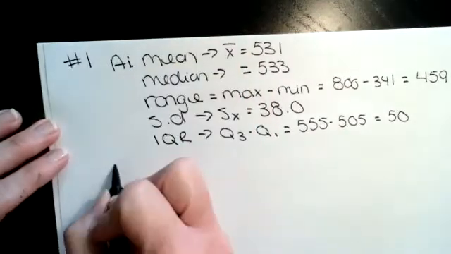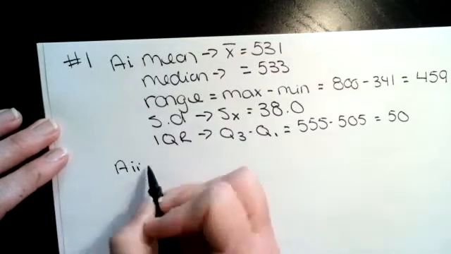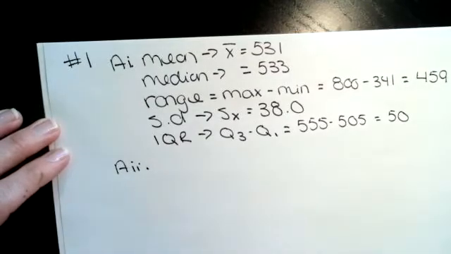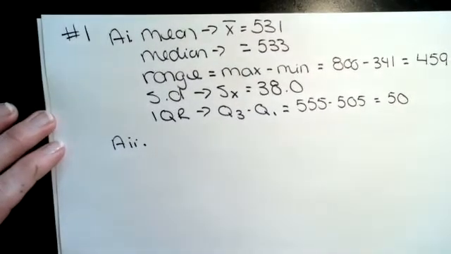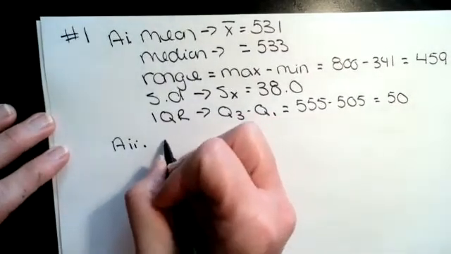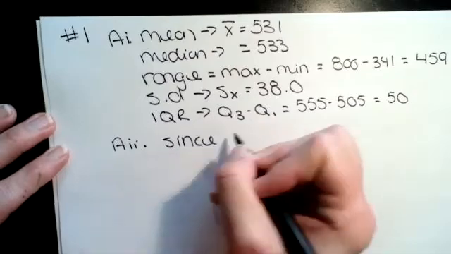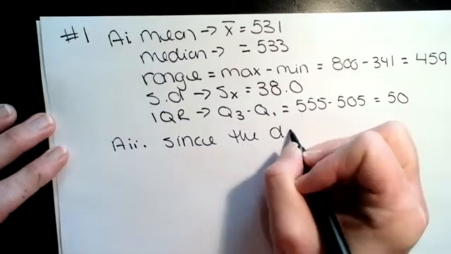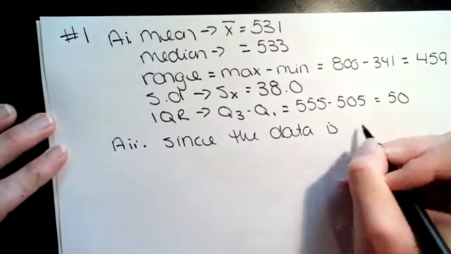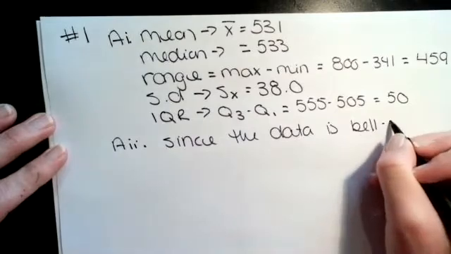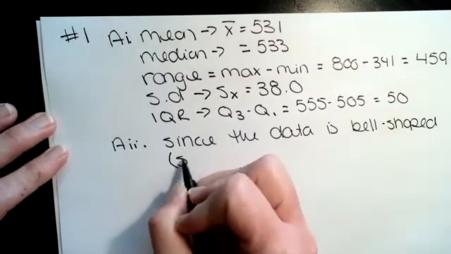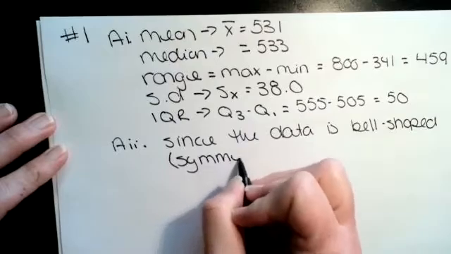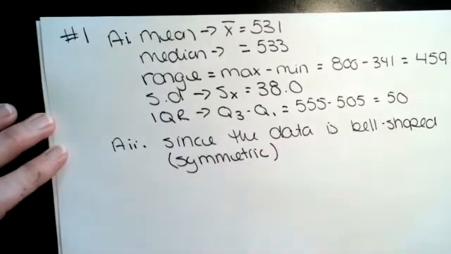So it's 1. And the second part of A just needs a simple explanation of why the empirical rule can be applied. The empirical rule can be applied because this data set is bell-shaped. So I'm just going to say, since the data is bell-shaped or symmetric, either one of those means the same thing.